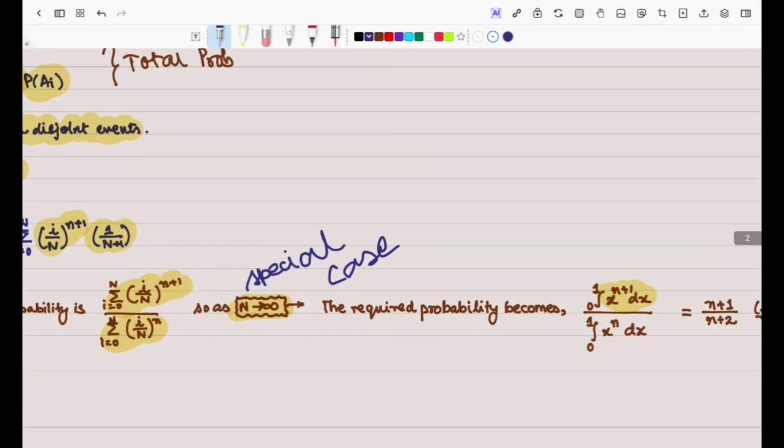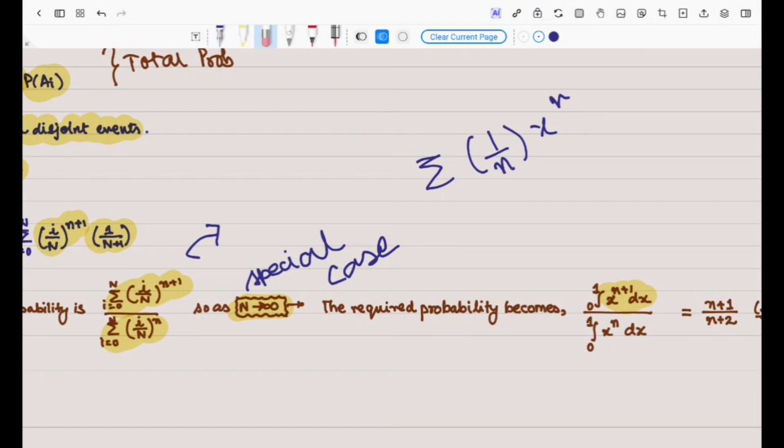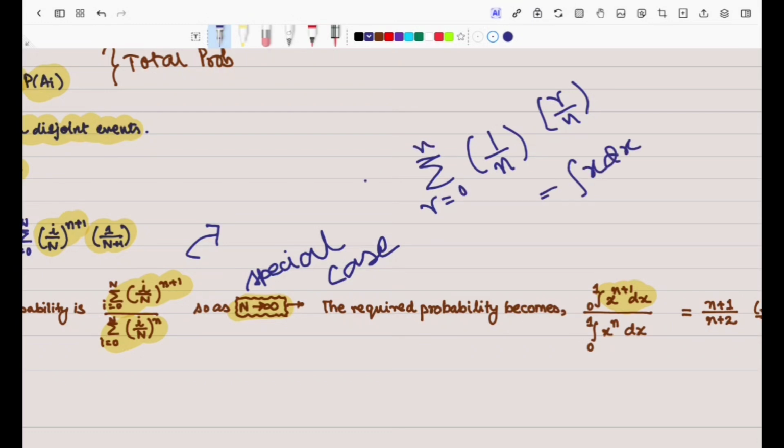How do we justify this? We know that the summation of (r by n) to the power n, with r equal to 0 to n, when n tends to infinity, is basically the integration of x^n dx, which is equal to the integral of x^n dx from 0 to 1.